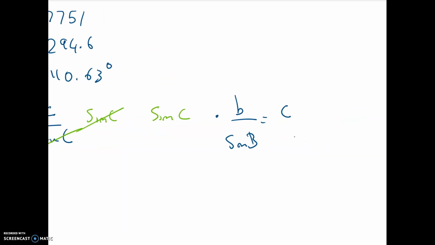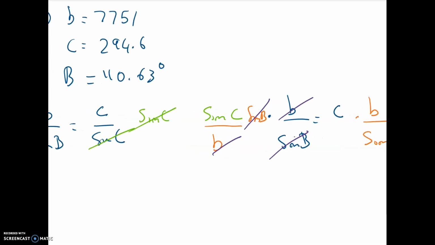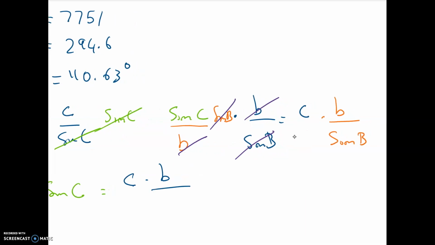And I'm looking for sine C to extract then the angle. So I need to divide by b and multiply by the sine of the angle. By doing so, the sine B divides out and the b divides out. And so therefore, I end up with sine C equal to c times b over sine B.